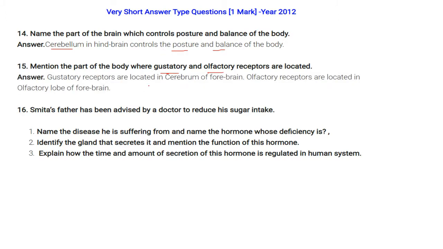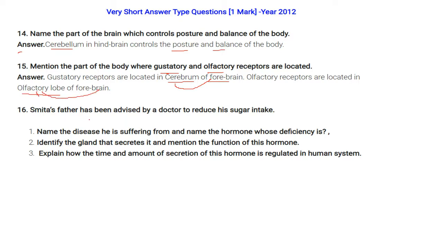They are located in the brain. Gustatory receptors are located in the cerebrum of the forebrain. Olfactory receptors are located in the olfactory lobe of the forebrain.